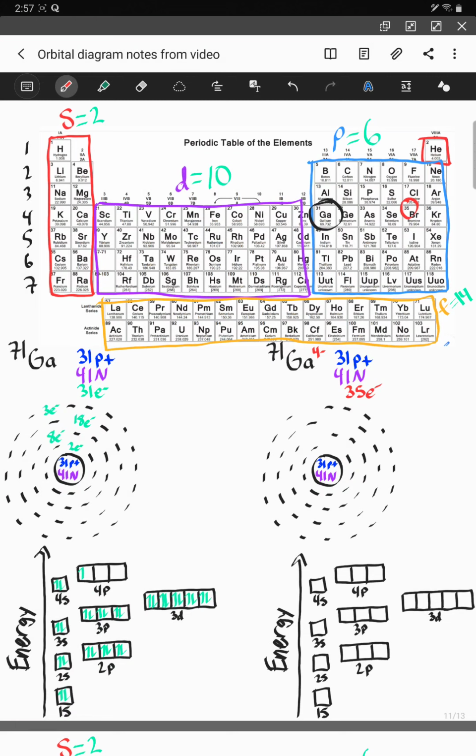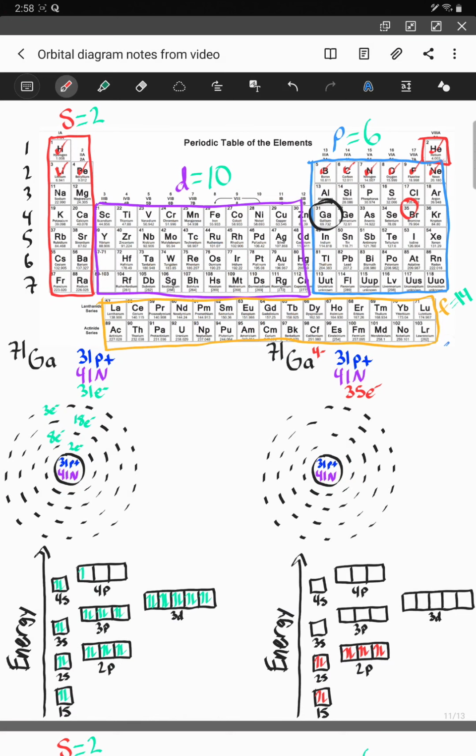So check off as we go. We're going to fill in the 1s. Next, we will fill in the 2s. We're going to keep moving left to right. We are now at the 2p. Fill those in. Keep moving left to right.